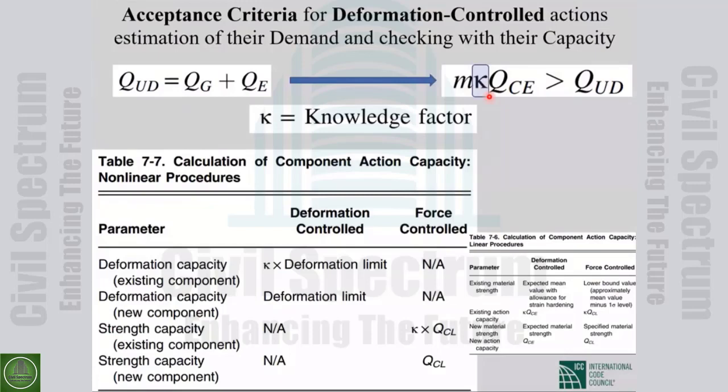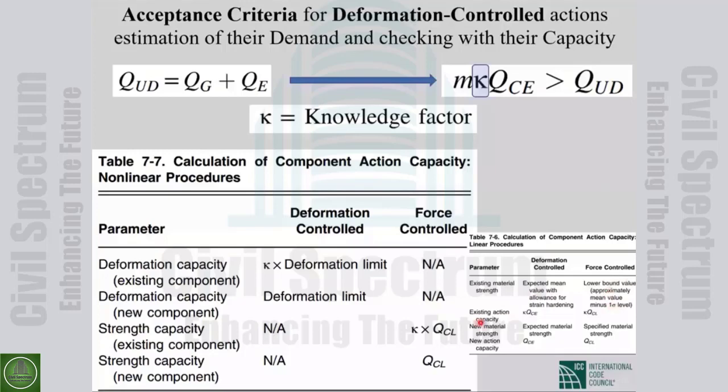But for everything else, for example, here in this table, for the linear analysis, which is our case: for deformation control capacities, for force control capacities, for existing material strength, for the deformation control, we use expected mean values. For the force control, we use lower bound values, which is the mean minus 1.